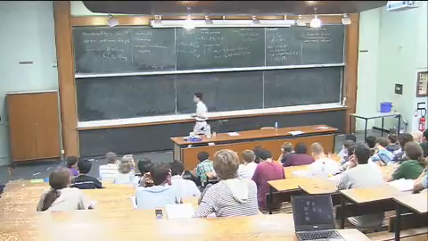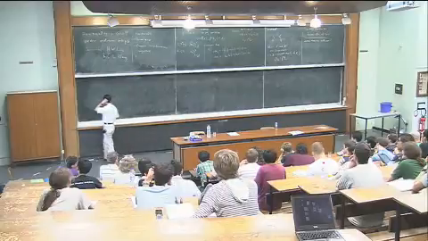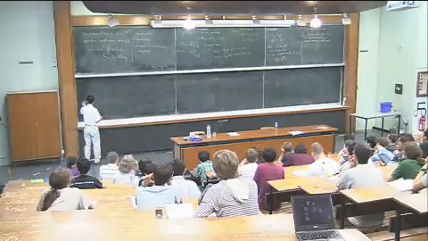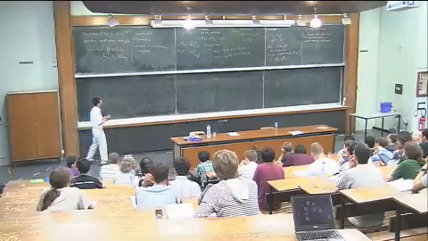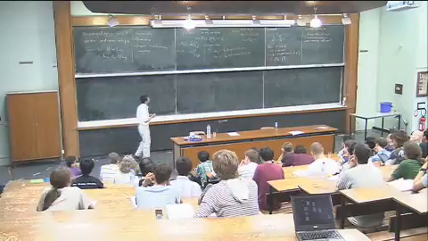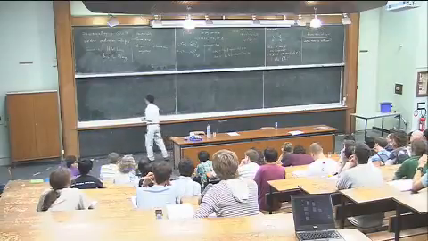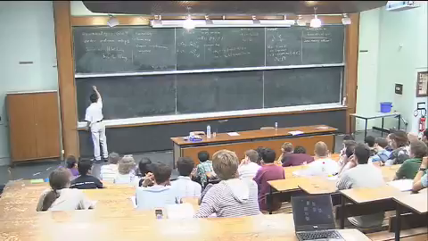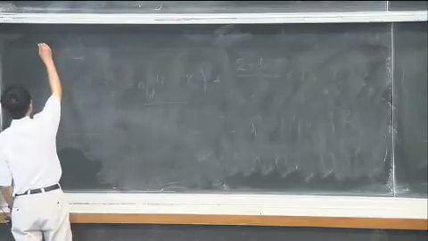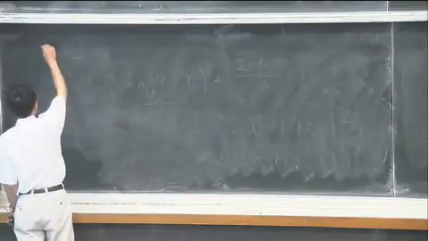So of course you can allow X and X prime to be orbifolds, but today I'm mainly dealing with the manifold case. So when X and X prime are manifolds, that's basically what I'm interested in today.